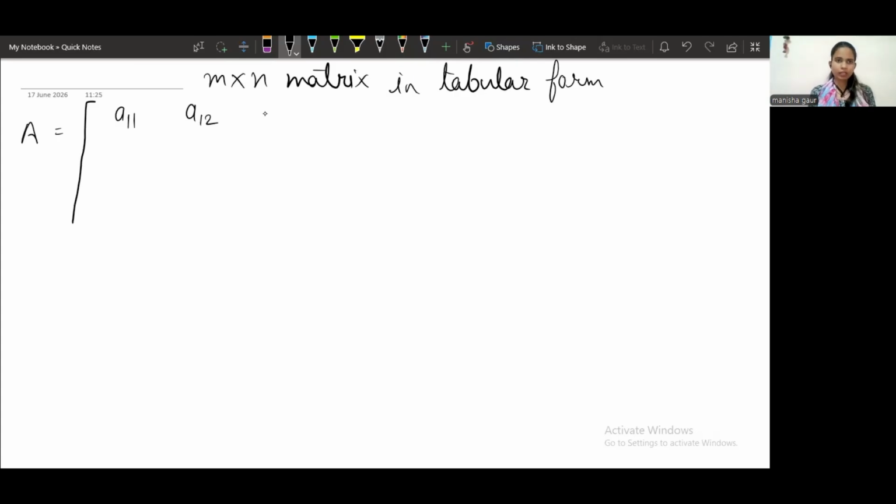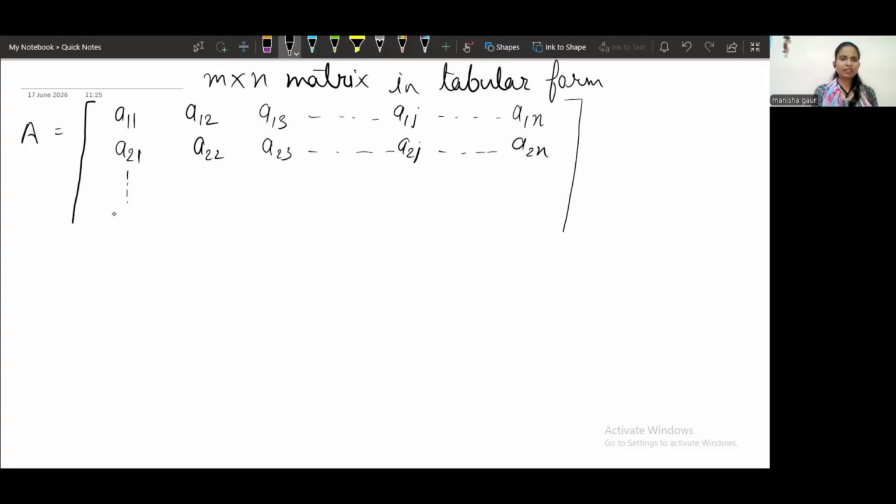That's why 1, 1. a12, a13. Suppose middle term a1j. Row will be the first, but the column will be changed. That's why we assume it j. And last element, suppose it is a1n. Suppose second row a21, a22, a23, a2j, a2n.